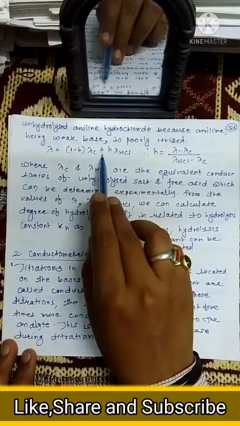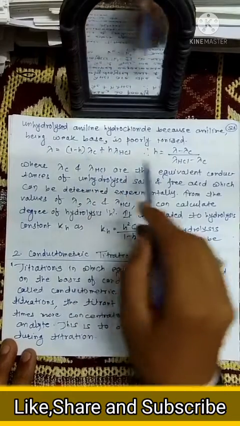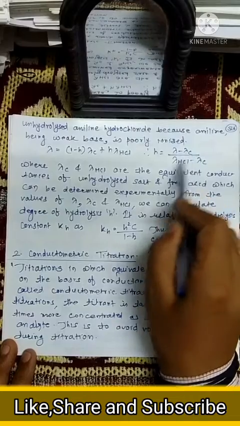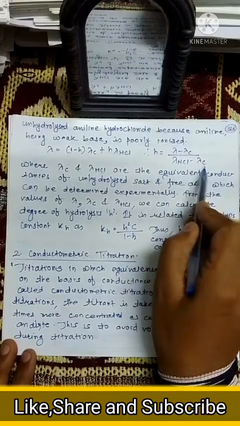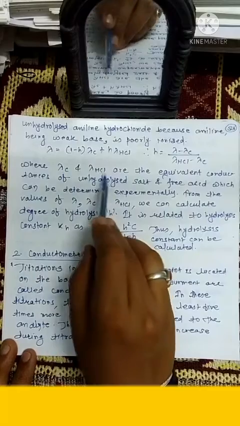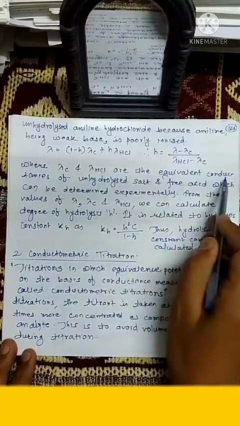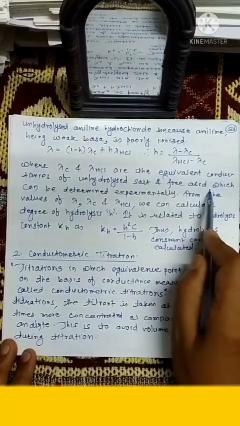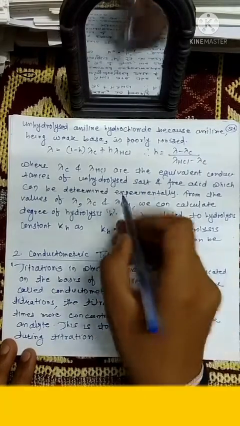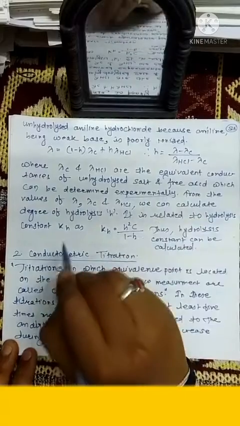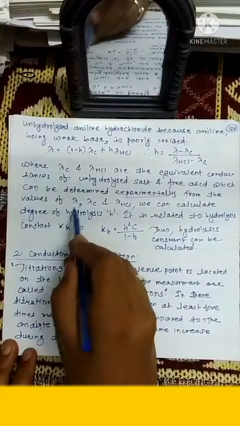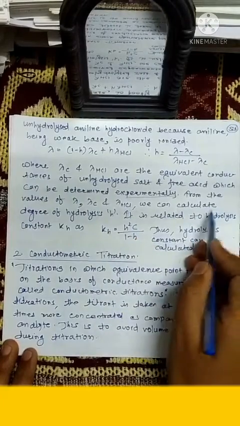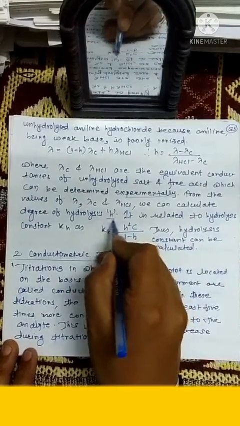We can rearrange this equation and get h is equal to lambda minus lambda C divided by lambda HCl minus lambda C, where lambda C and lambda HCl are the equivalence conductances of the unhydrolyzed salt and free acid, which can be determined experimentally. From the values of lambda C and lambda HCl, we can calculate the degree of hydrolysis, h.